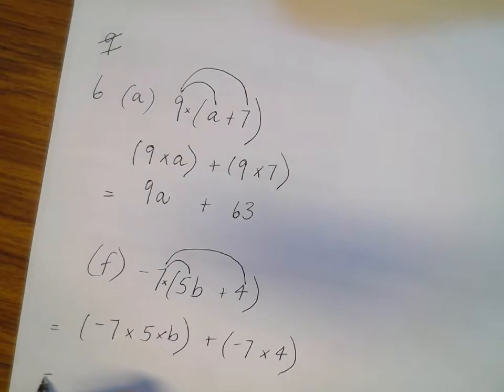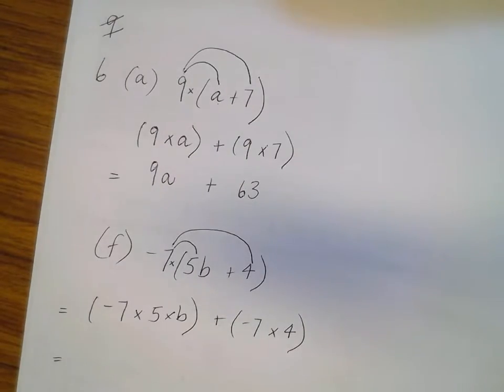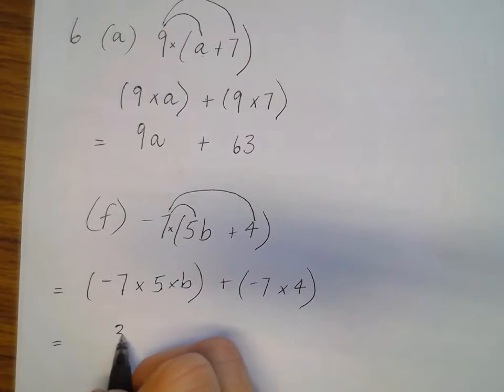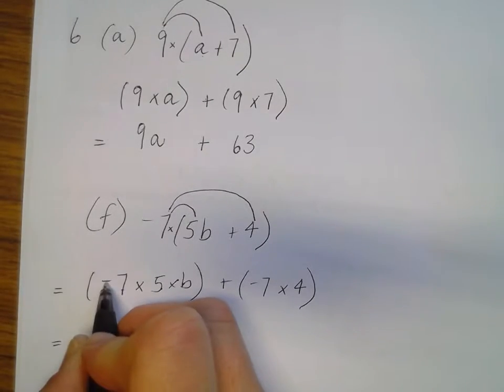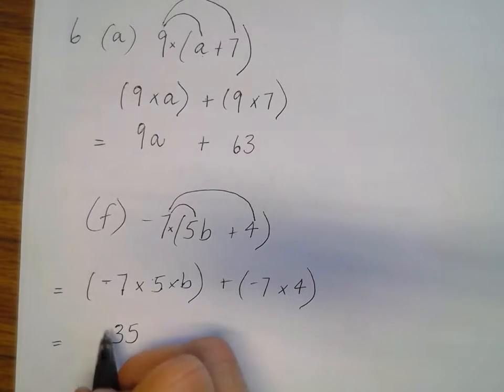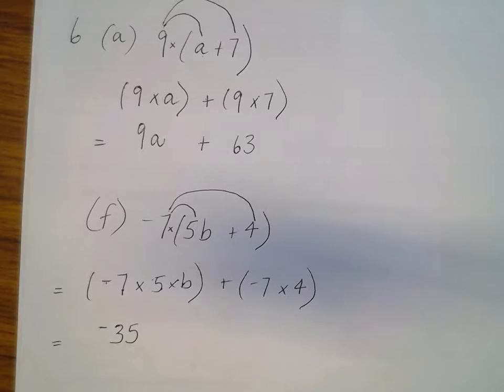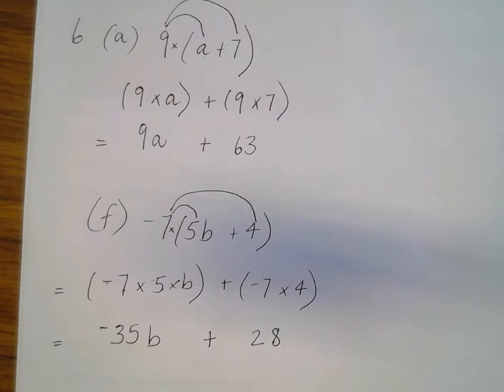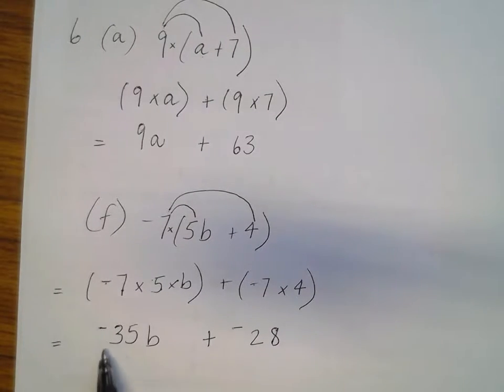In term 1 we worked on rules for negative numbers or integers. So we may remember that 7 5s are 35, and if you have two different signs, being a negative and a positive 5, it turns to be a negative number when we multiply them. Negative 35b. Okay, plus 7 4s are 28. It's a negative and a positive, so it's negative.